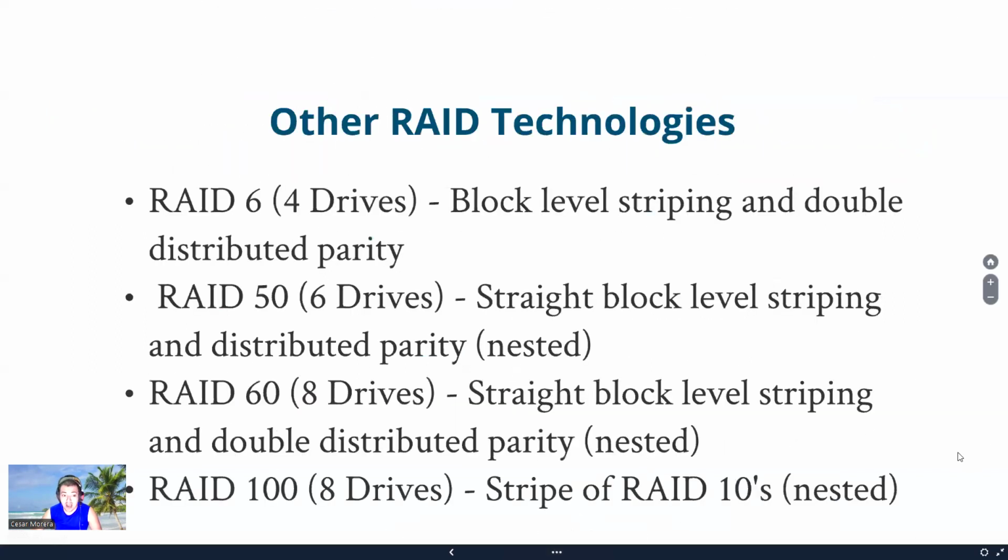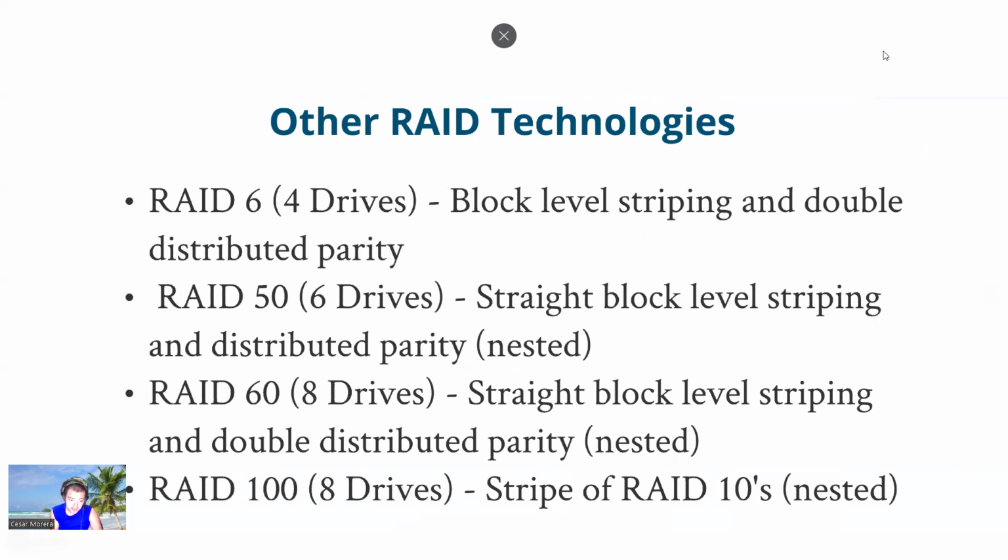And finally, we have the other RAID technologies: RAID 6, RAID 50, 60, and 100. Let's talk about them. RAID 6, we have 4 drives: block level striping and double distributed parity. RAID 50, 6 drives: block level striping and distributed parity, nested.